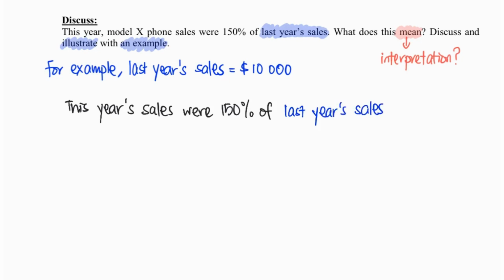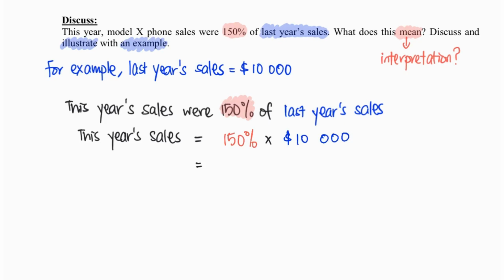So therefore, this year's sales equal 150%, just put 150%, of, which is largely similar to multiplication as what we learned in primary school, of $10,000. And I'm going to do this step by step so that we can offer some interpretation eventually. Percentage, you know, must divide by 100, of these 10,000.